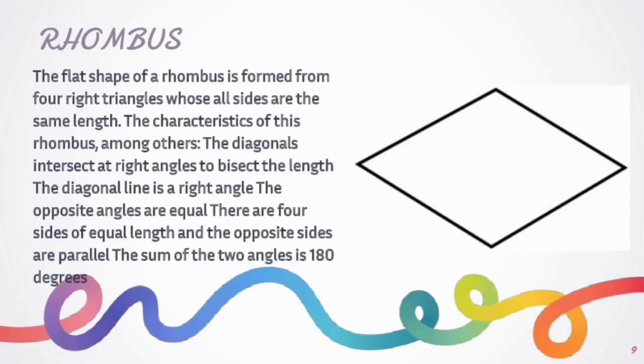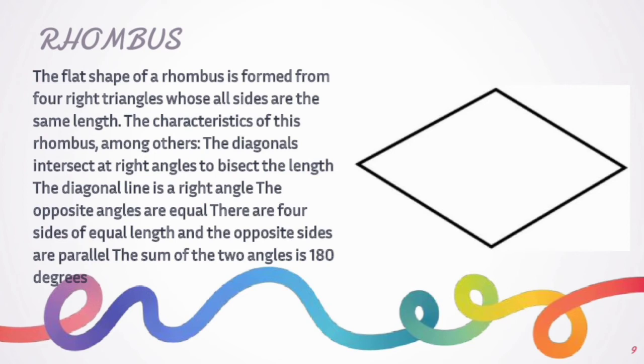Okay, I will continue the material. Rhombus. The flat shape of a rhombus is formed from 4 right triangles whose sides are the same length. The characteristics of this rhombus, among others: the diagonals intersect at right angles and bisect each other.